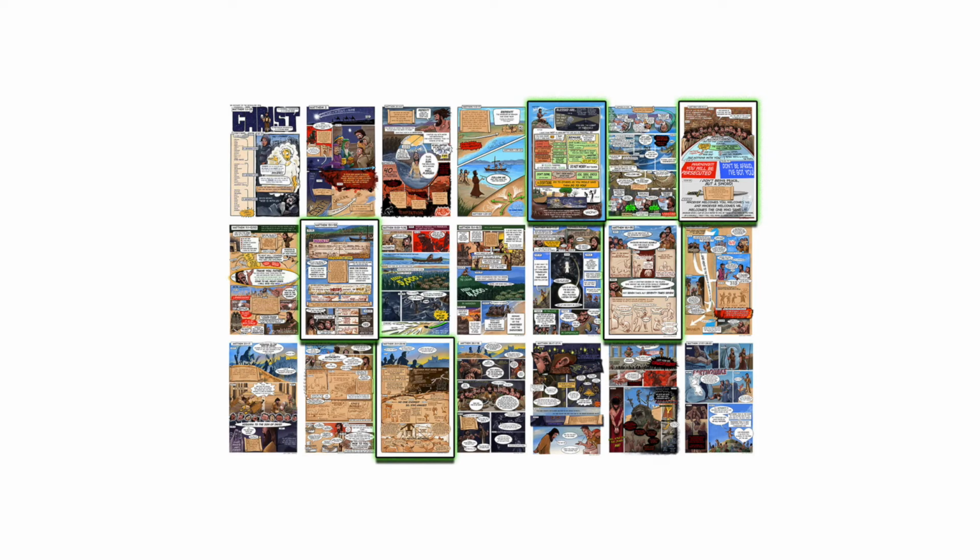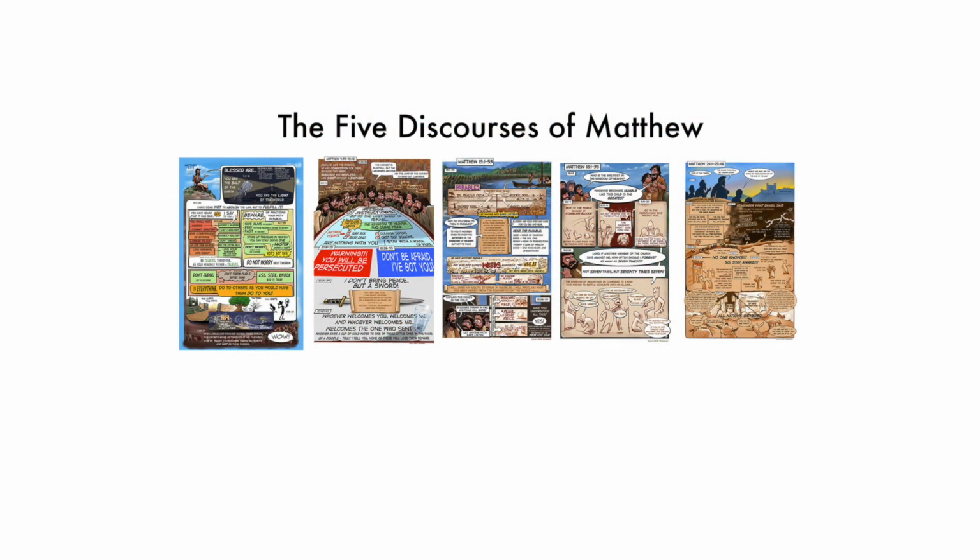And then there's a 5th one that happens when Jesus is in Jerusalem. These are called the 5 Discourses of Matthew. Now, discourse is just a fancy word for talking. So these are sections where the author of Matthew collects Jesus' teachings on a particular topic.